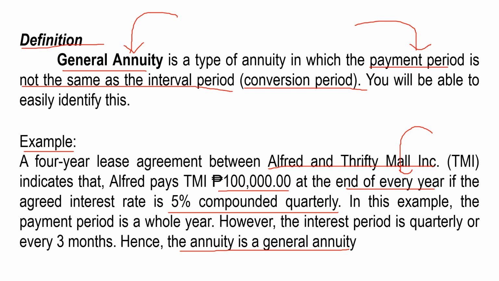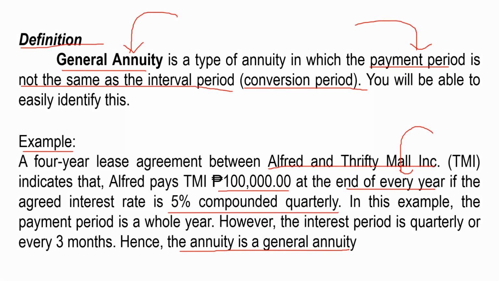There are 4 quarters in every year. To look for the value of the conversion period, we simply multiply the number of quarters in every year by the total number of years given in this example. That will be the value for the conversion period.